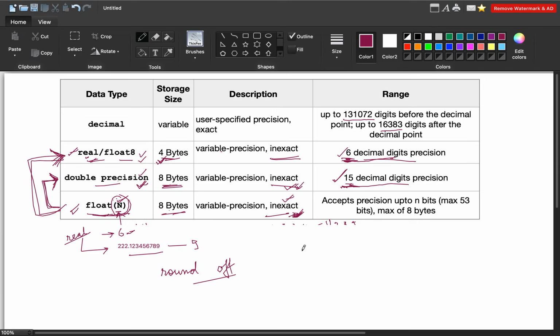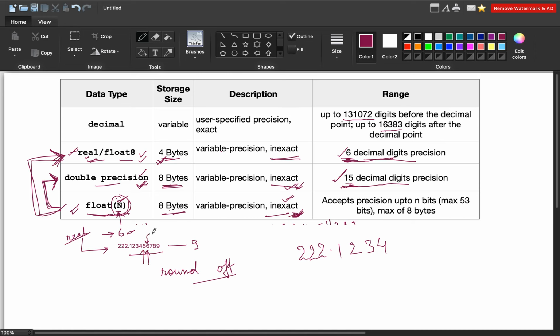What does it mean? You see here 2, 2, 2, and then 1, 2, 3, 4. Now it can store up to 6. That is the meaning. So what SQL is trying to do is accommodate up to 6 digits, because of which it is rounding off to the previous value.